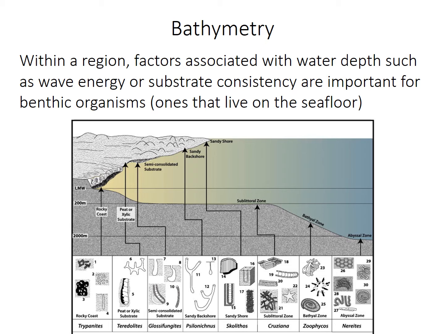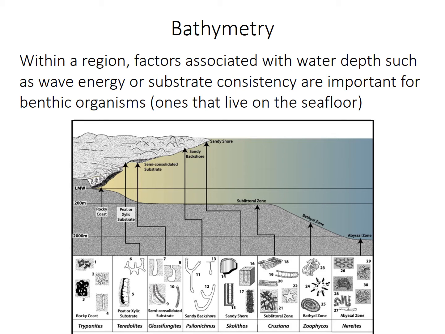However, even though pressure does increase with depth, it's actually pretty unimportant for marine organisms. However, there are lots of other factors that do vary predictably with water depth. The amount of wave or current energy is highest in shallow water, for example, and decreases with depth. The consistency of the substrate or the seafloor that they live on, whether it's firm or soft or rocky or sandy or muddy, also changes with depth.